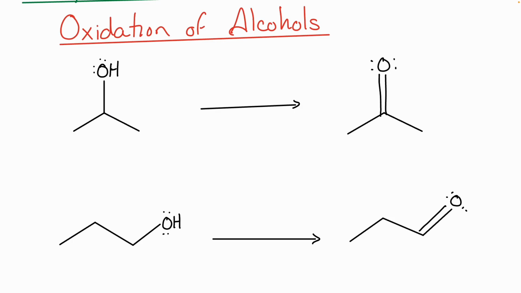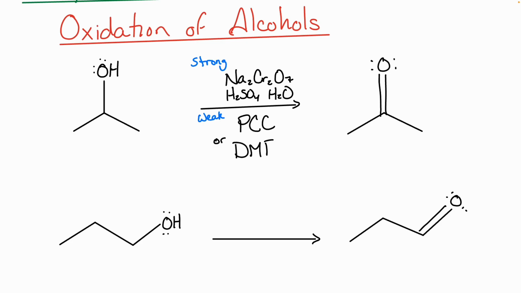So for these, you could either use a strong oxidizer, those chromium-containing compounds, or you could use a weak oxidizer, the old school PCC, or that new age Dess-Martin periodinane, DMP.